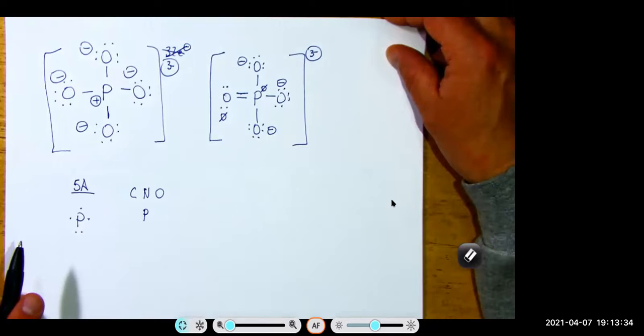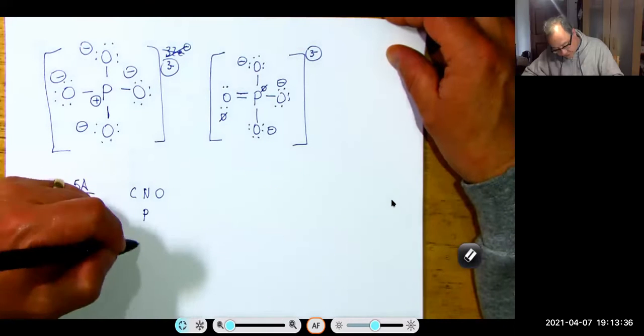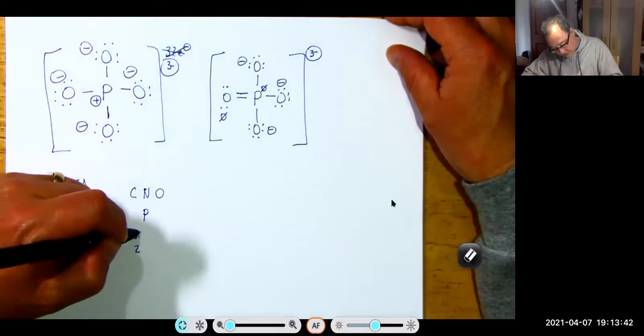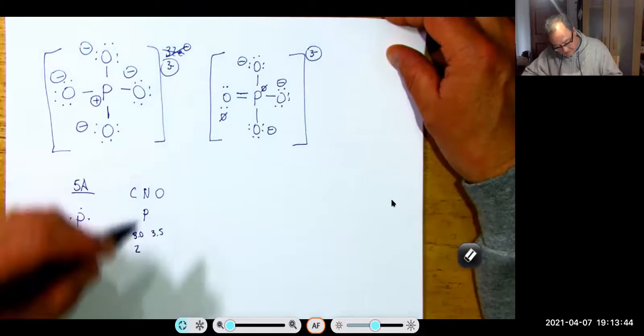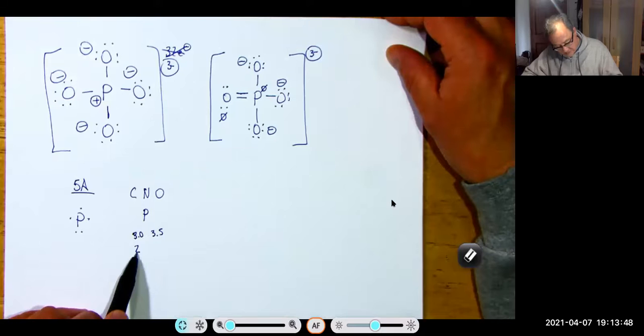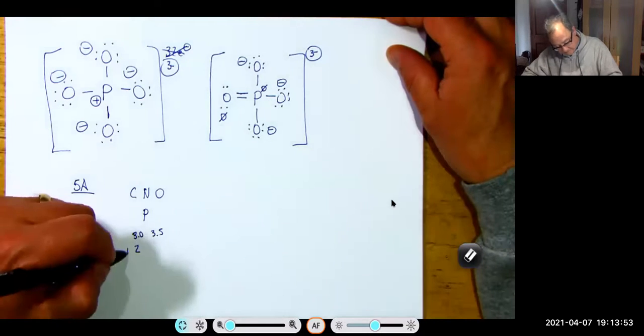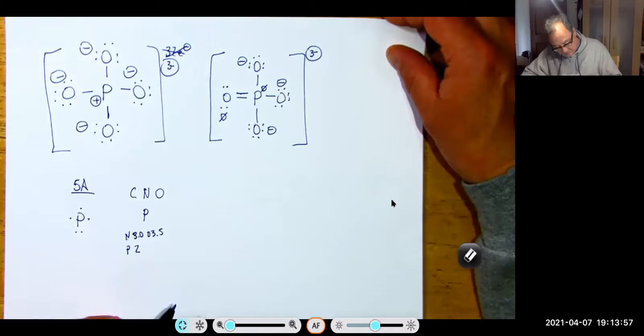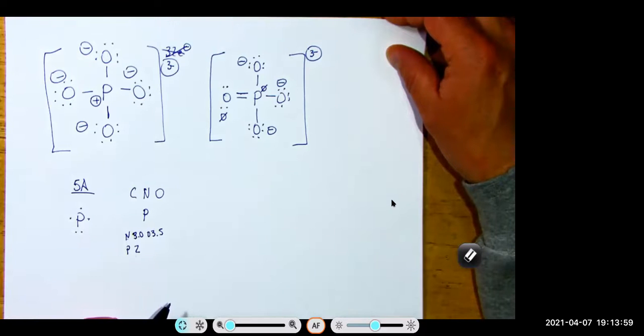Let's just give them numbers. If phosphorus is a 2 and nitrogen is, I don't know, a 3, and oxygen's a 3.5, is phosphorus smaller than nitrogen? The way I've drawn it? Yeah. And is nitrogen smaller than oxygen?